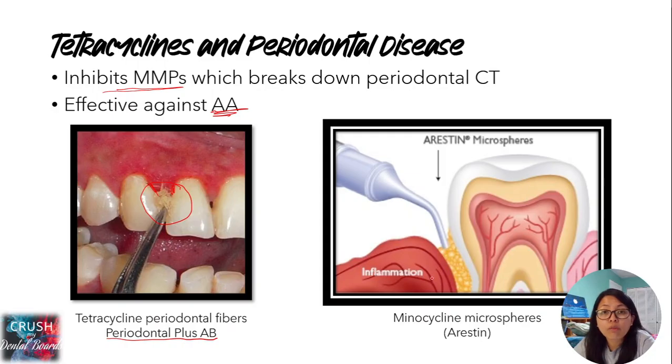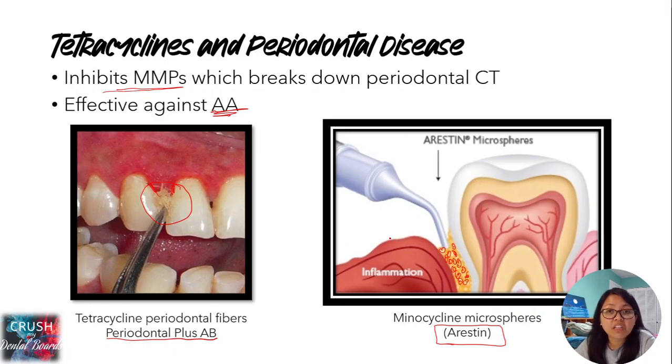Now, another form that is widely used to treat periodontal diseases would be your minocycline microspheres. Brand name is Arestin. Okay. So these are microspheres, as you can see right here. It's injected into the pocket area.